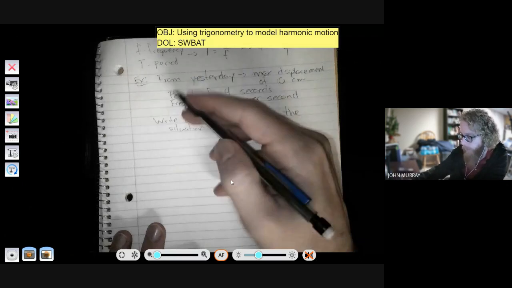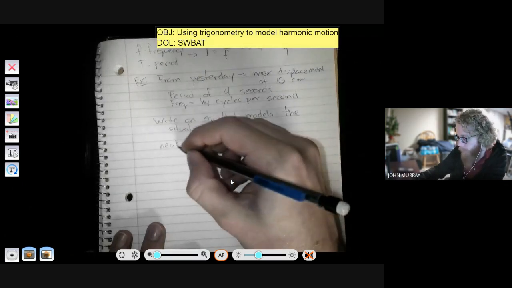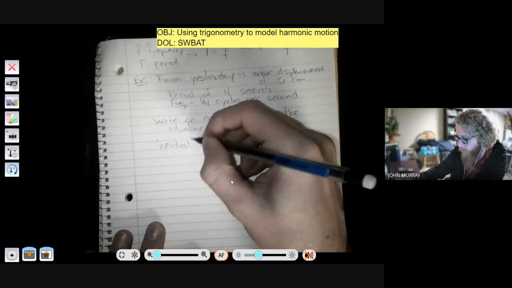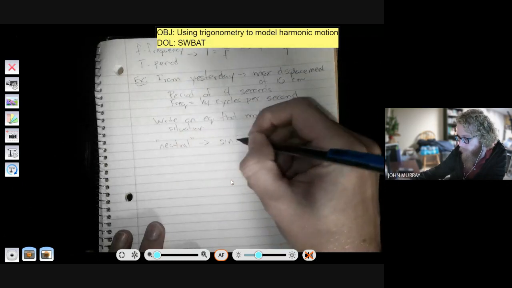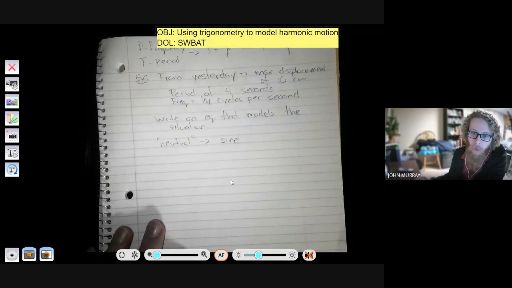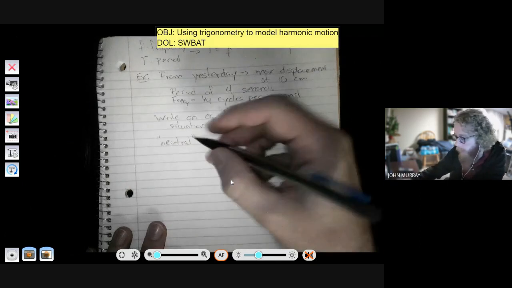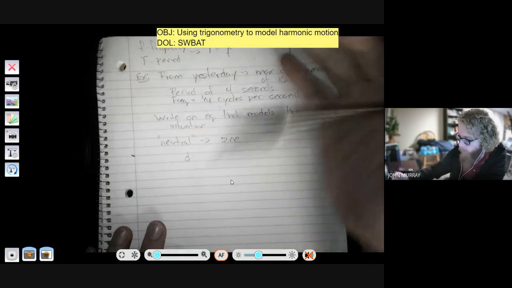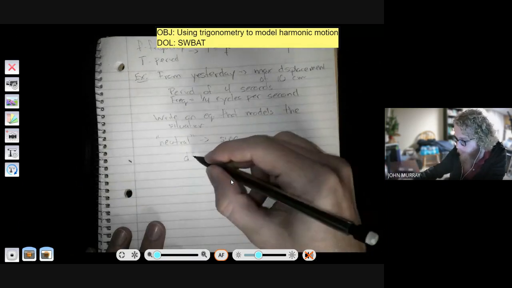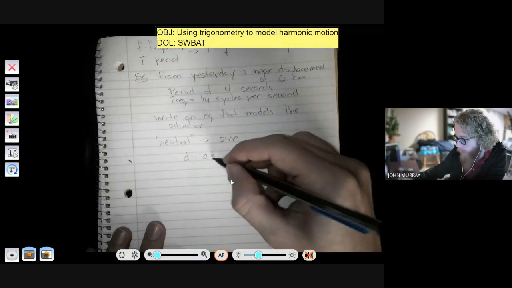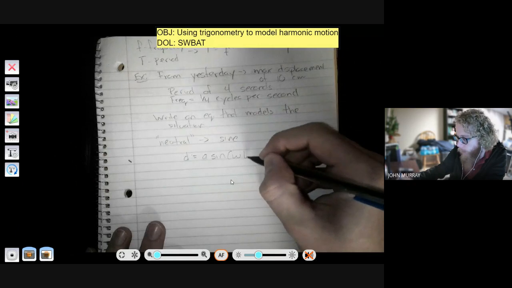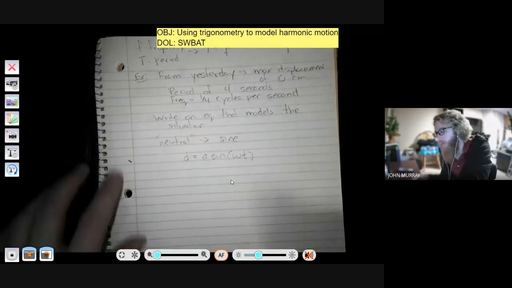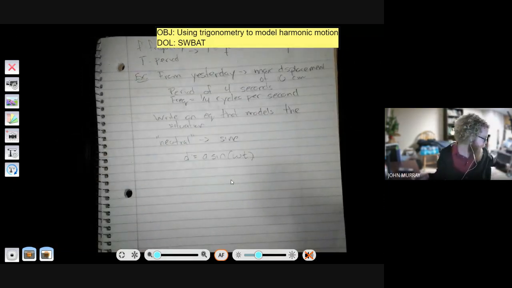So that means we're going to start with sine. My formula that I'm going to set up is the displacement equals a sine omega t. That's just the rule. That's how it's set up.